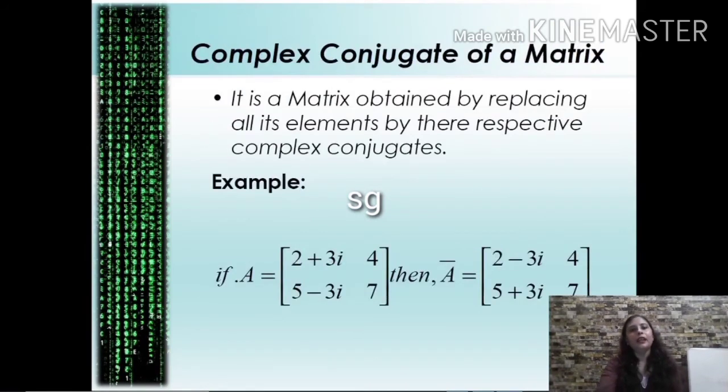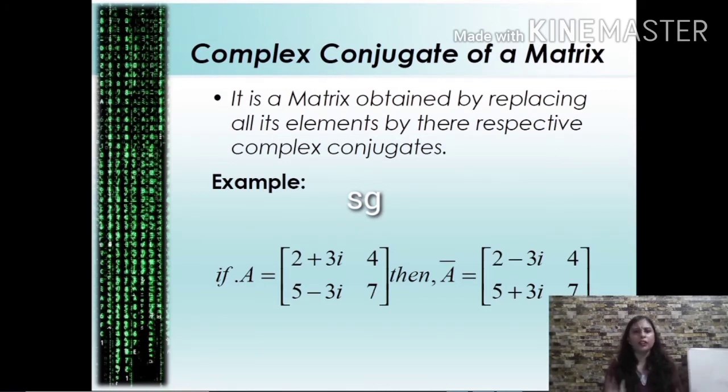Next, we come to the complex conjugate of a matrix. In general, most universities or boards do not deal with this particular thing, but just for your information, since we are dealing with real numbers, complex numbers do not come into existence for the time being.